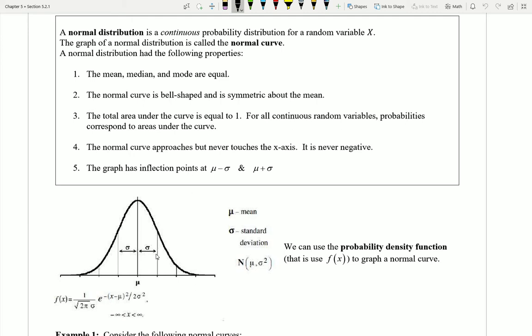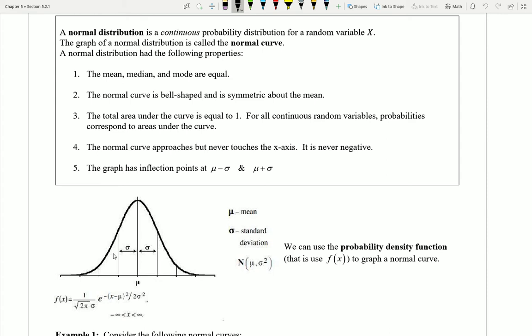So you can see that this might relate back to ideas of the empirical rule that we talked about much earlier in the semester. The total area underneath this curve is equal to 1. So if you were to shade all of the area under it, you would get a grand total of 1, and that represents a max total 100% in terms of probabilities.